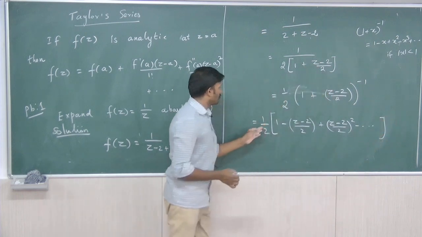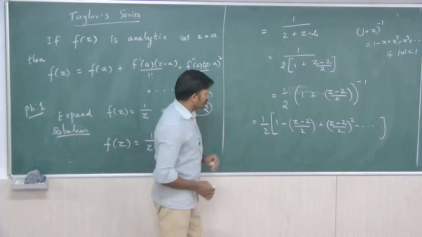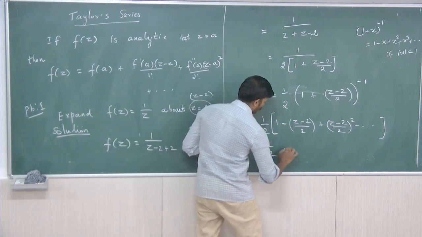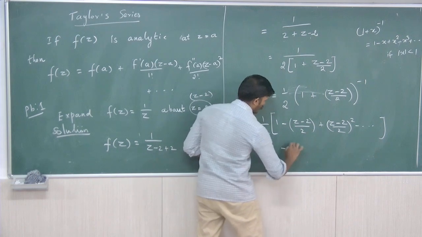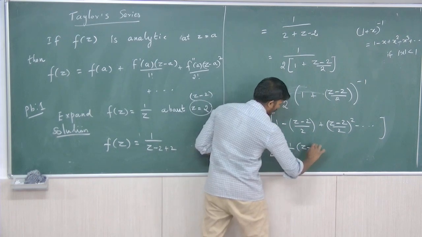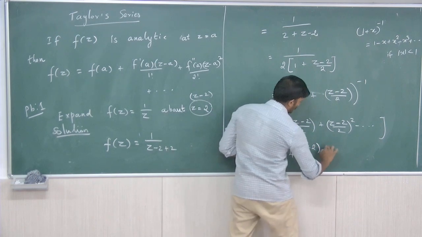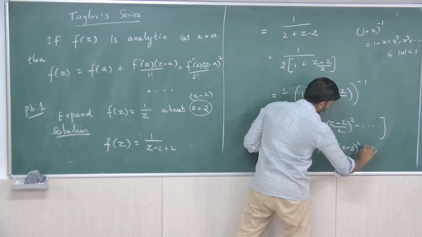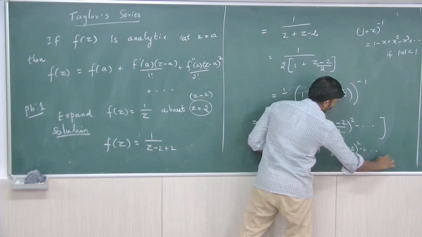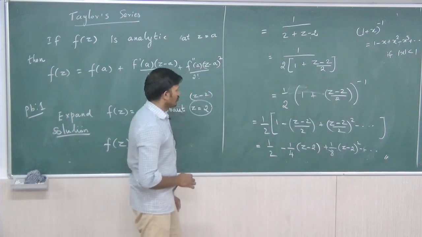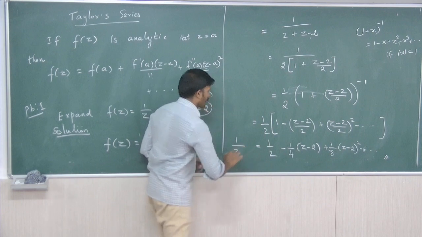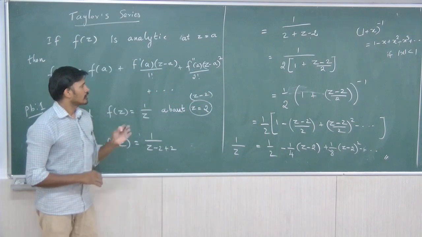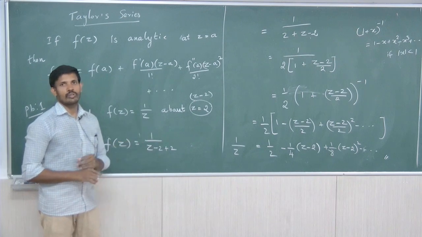If you multiply 1 by 2 inside the bracket, you get 1 by 2 minus 1 by 4 z minus 2 plus 1 by 8 z minus 2 whole square and so on. So this is the expansion of 1 by z at z equal to 2, right?